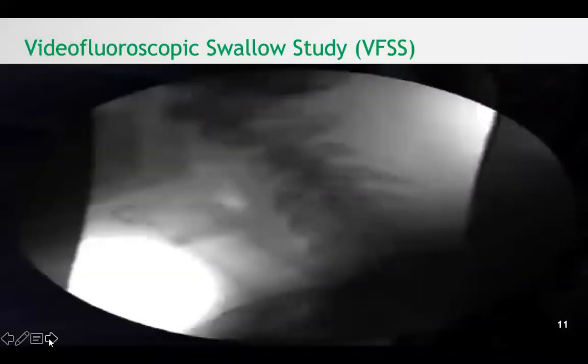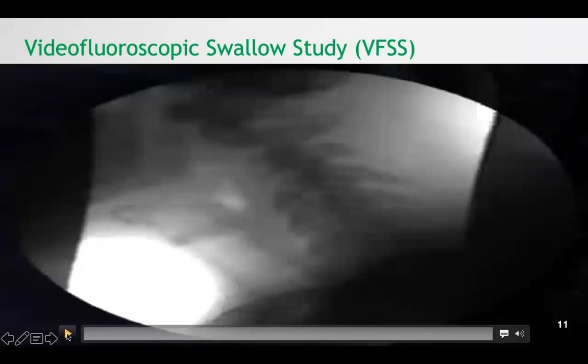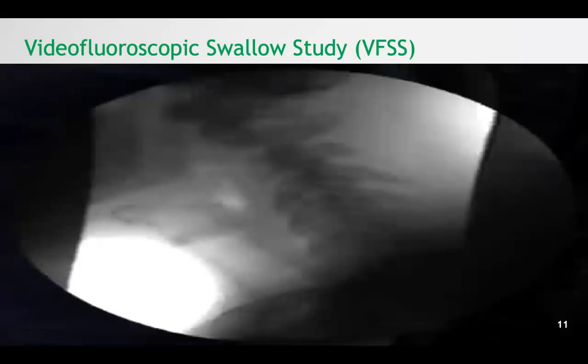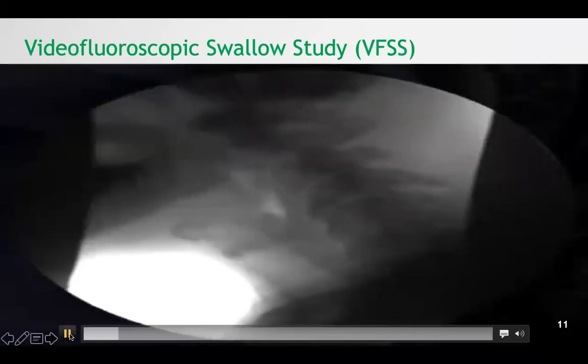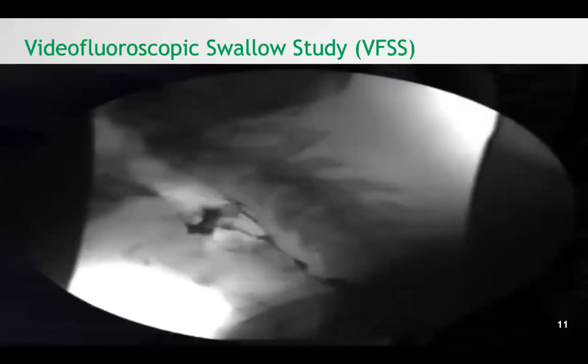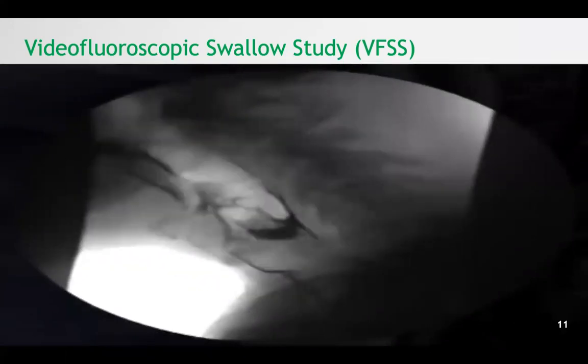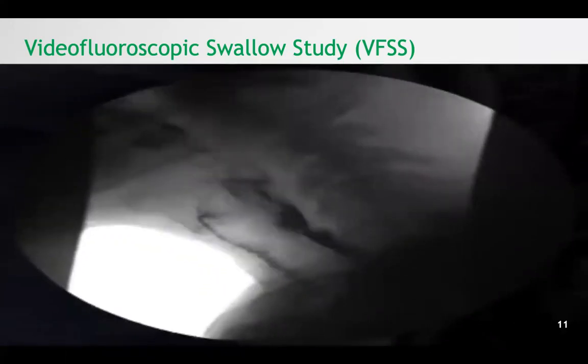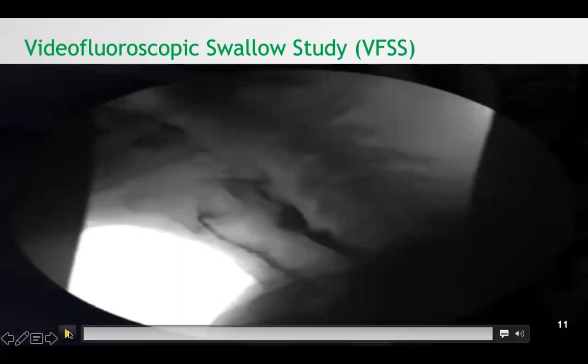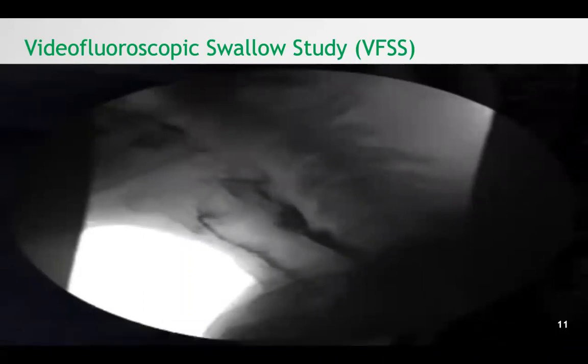And this is a video that actually shows what the video fluoroscopic swallow study looks at. So we'll watch this video and I'll show you an indication that this person did aspirate some liquid. You can see in the main area where the person swallowed, the majority of the fluid went in one pathway, which was down the throat.